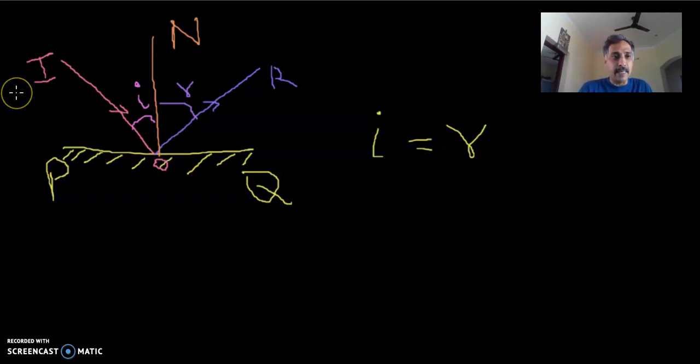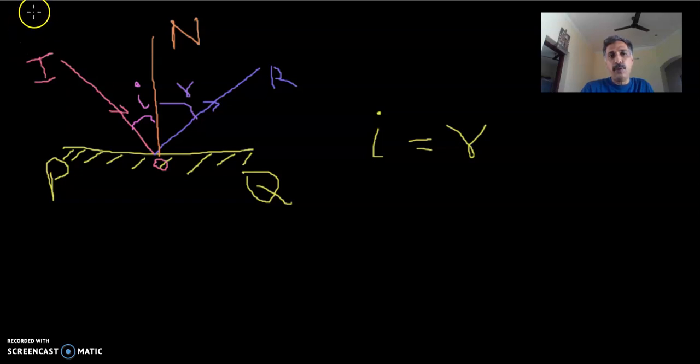One more point is that this IO we call the incident ray, this ON we call the normal, and this OR we call the reflected ray. So the incident ray, the reflected ray, and the normal lie in the same plane. For example, let me draw it with another color.